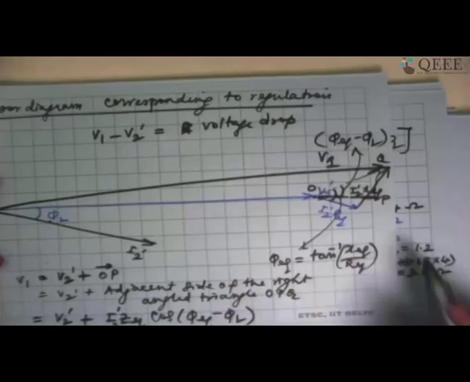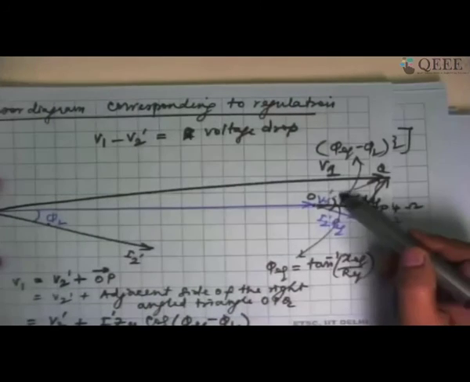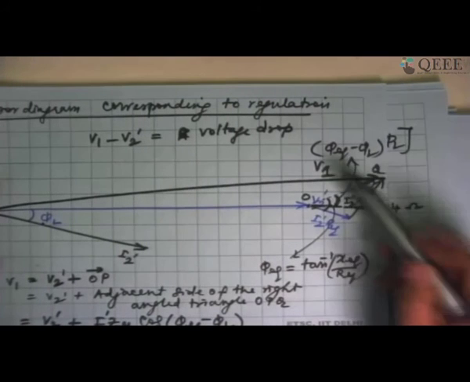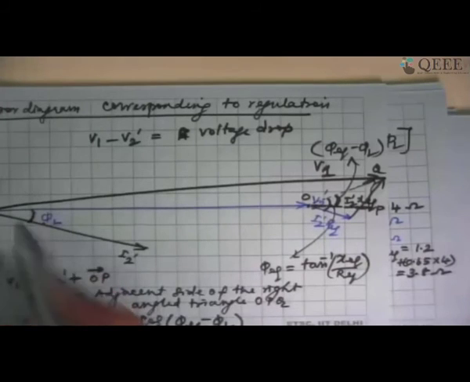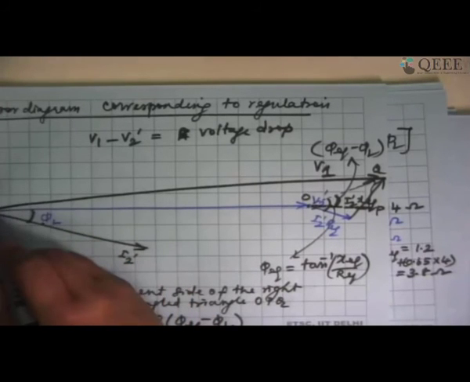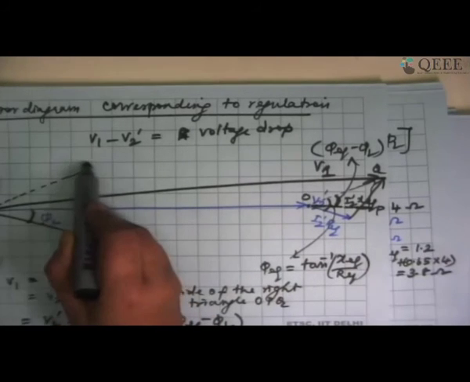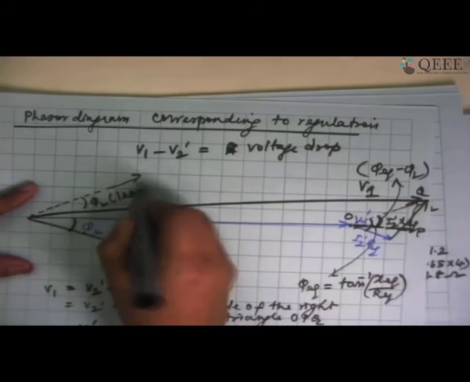Now, if you had looked at this phasor diagram, we looked at this angle as phi equivalent minus phi L. Phi L was lagging. If phi L had been leading, I would have had the current in this direction. This is phi L when the current is leading.